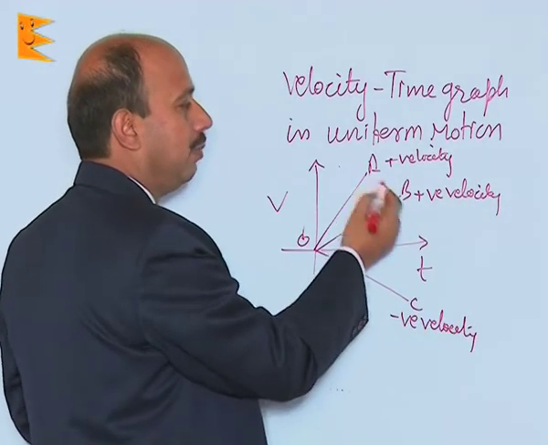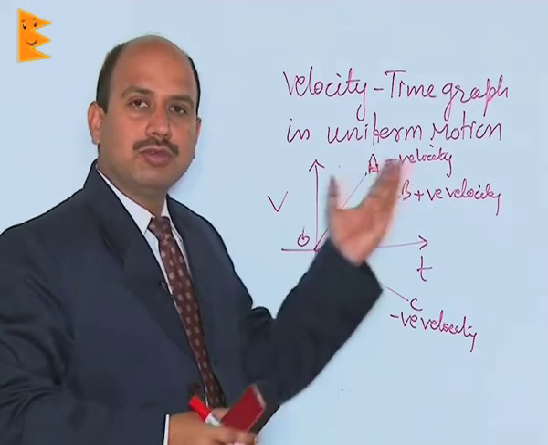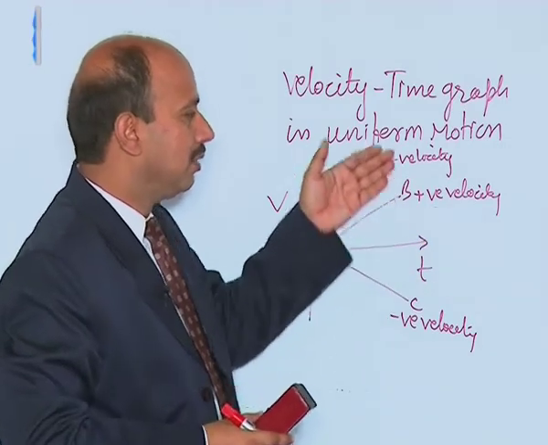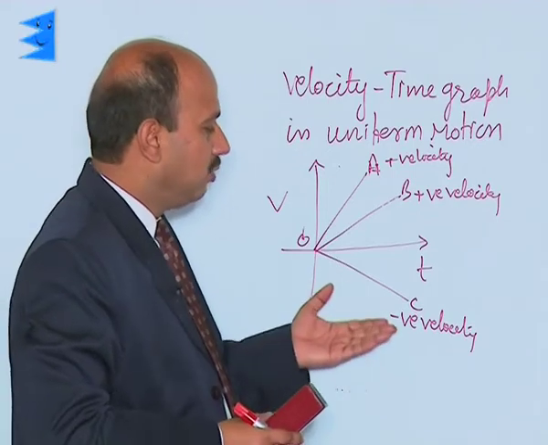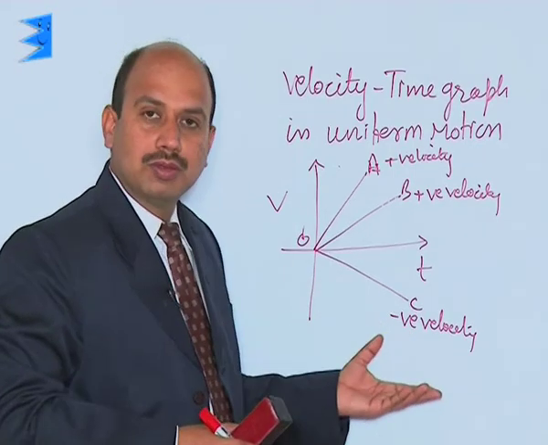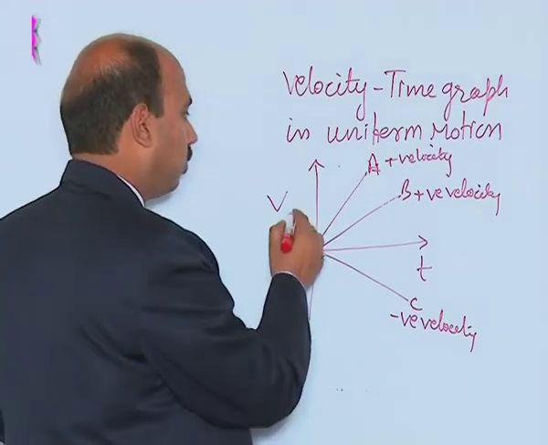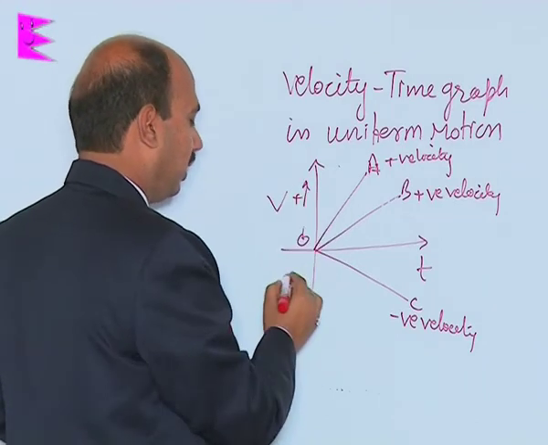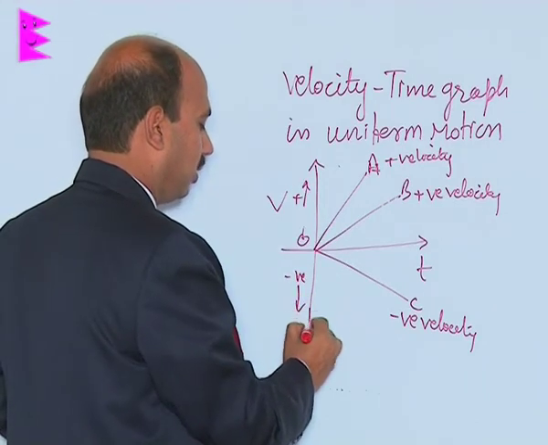But see here, A is representing a larger positive velocity, B is representing a comparatively smaller positive velocity, and C is representing a negative velocity. So, it depends on the sign, because the positive axis is on this side and the negative axis is on this side.